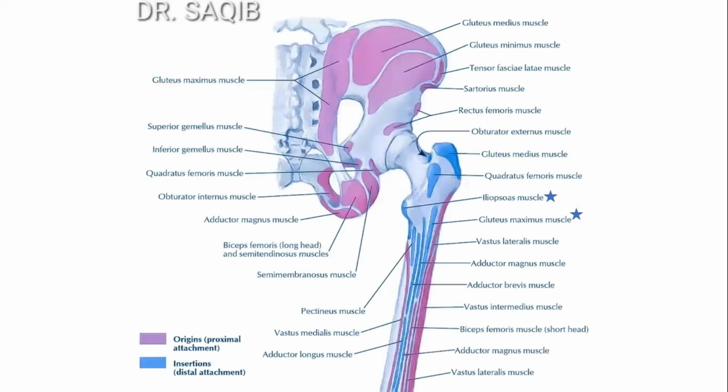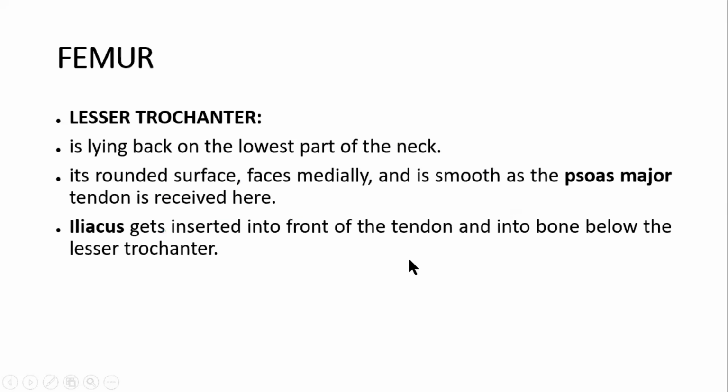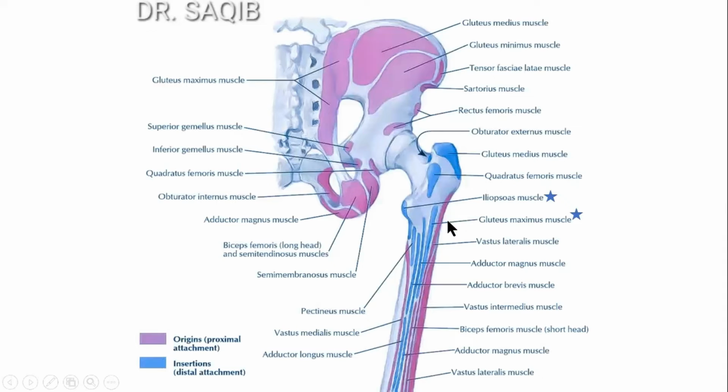Where is it? Gluteus maximus. Here, this is the gluteus maximus muscle attachment over here. This part, and this is the gluteus maximus coming down from above. This is upper attachment, and this is the lower attachment on the femur. This is the gluteus maximus.